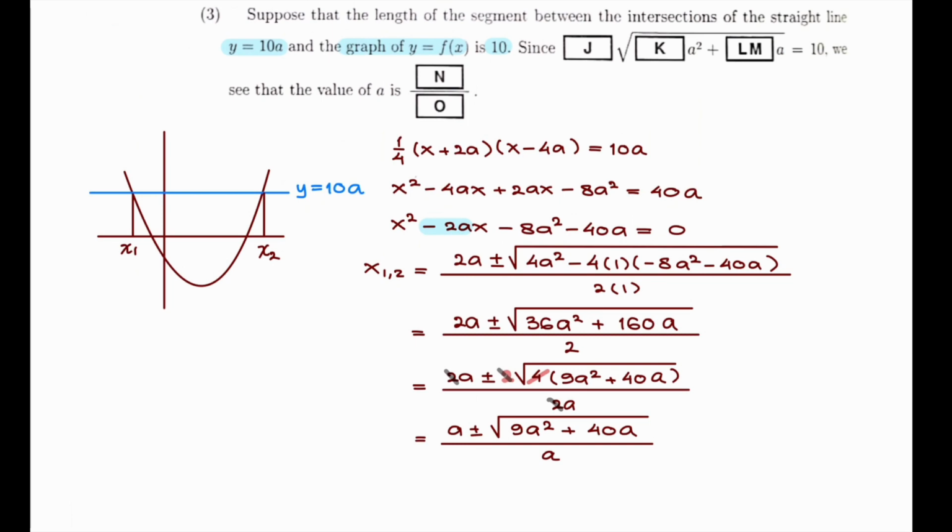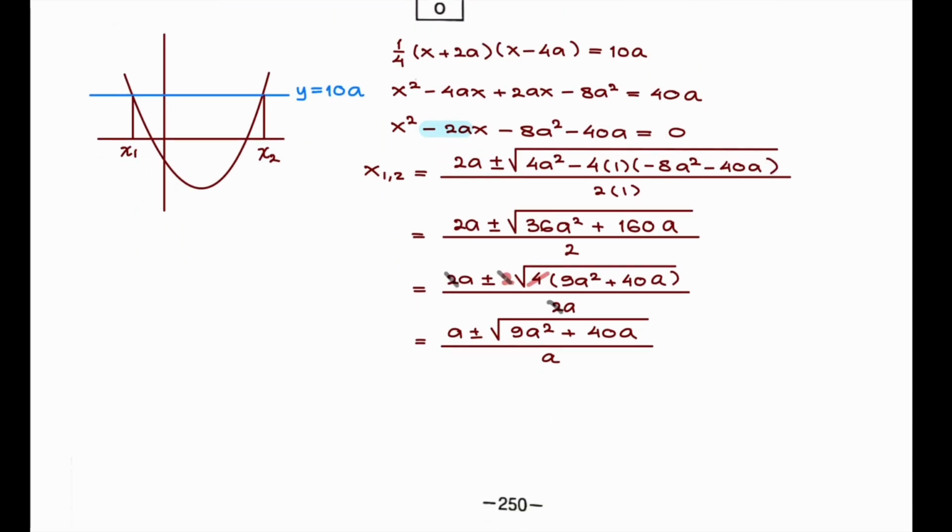So I can assume that x1 is equal to a minus square root. Wait a second, I think I overrode the a here. There is no a here, that's only 2. Sorry for my careless mistake. So this is my x1 and x2.